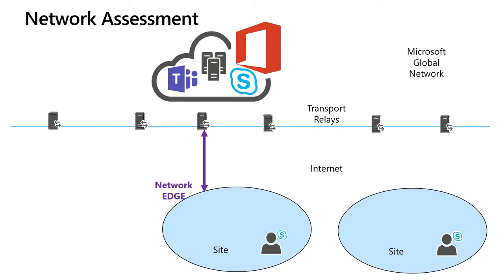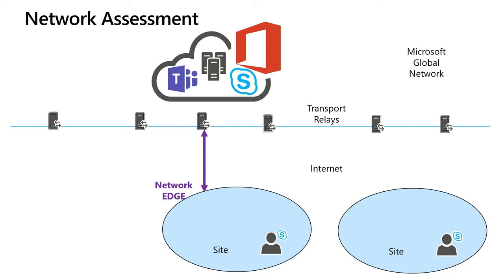Essentially, you have to do two tests. From your external network connection to the internet on your DMZ, your router, whatever connects to the internet, you have to run this from your network edge, so that you know this is the minimum network traffic that we need, right?